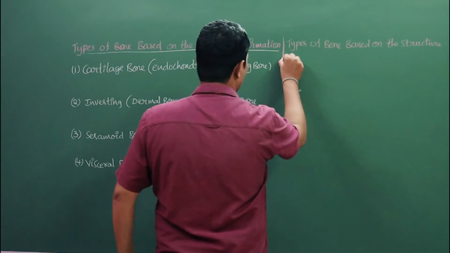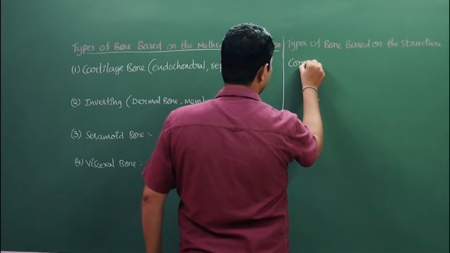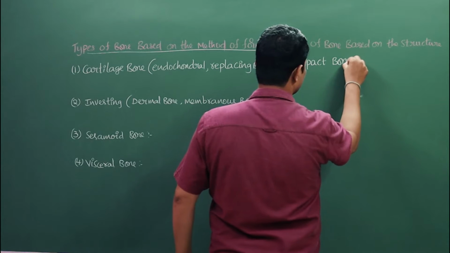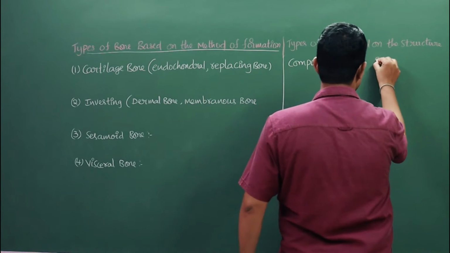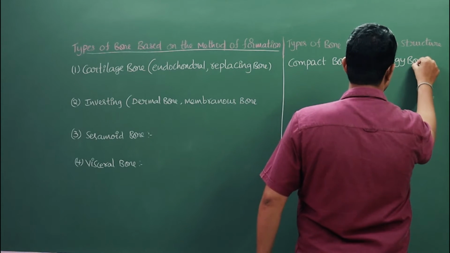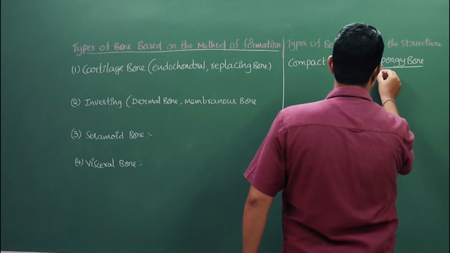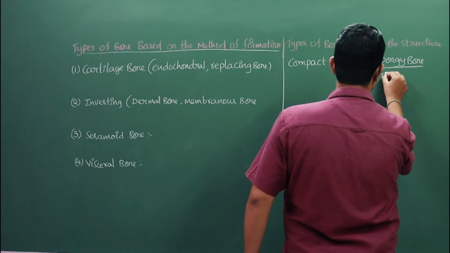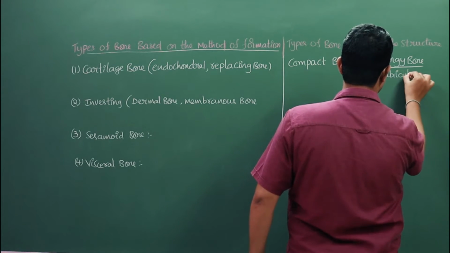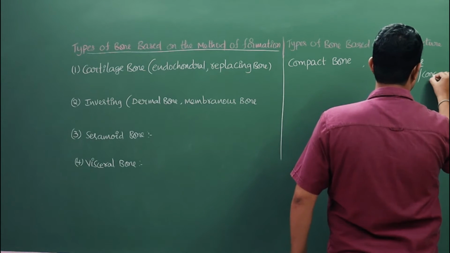Coming to the types of bone based on the structure, one is compact bone, and the second one is spongy bone, also known as trabecular or cancellous bone.